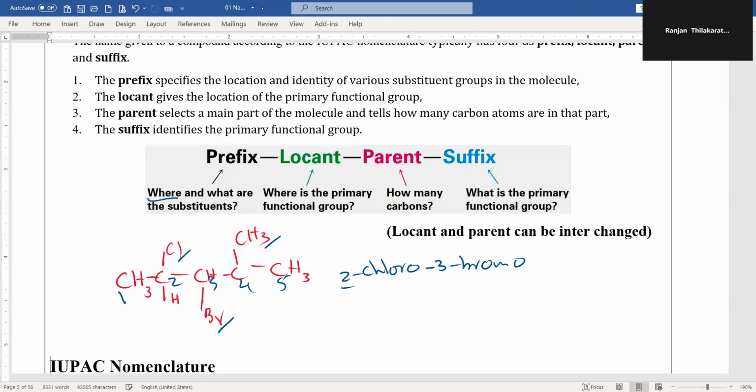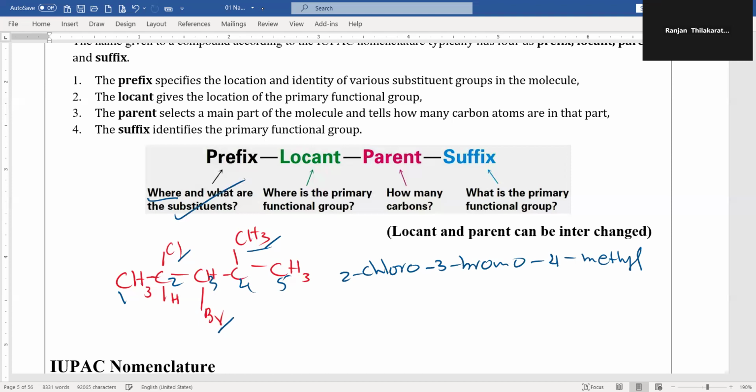What means what the substituent group is, like bromo, chloro, and so on. And the CH3 has 1 carbon and is an alkyl group, so it is methyl. Then you have a methyl group on the 4th carbon. Now we have where and what.